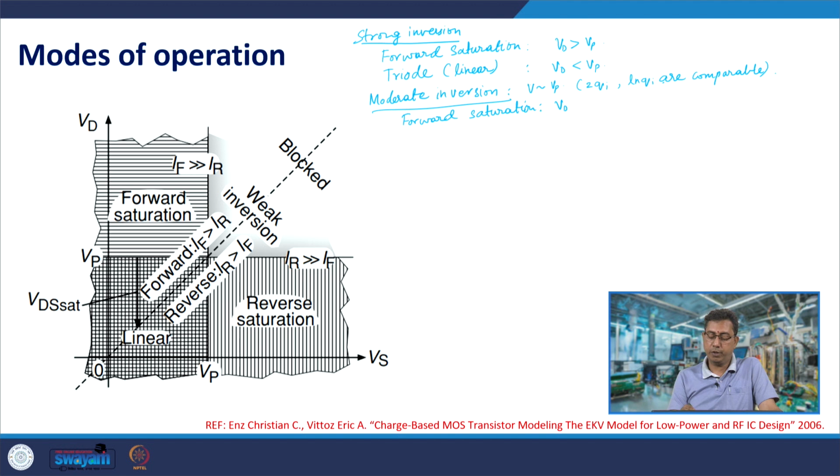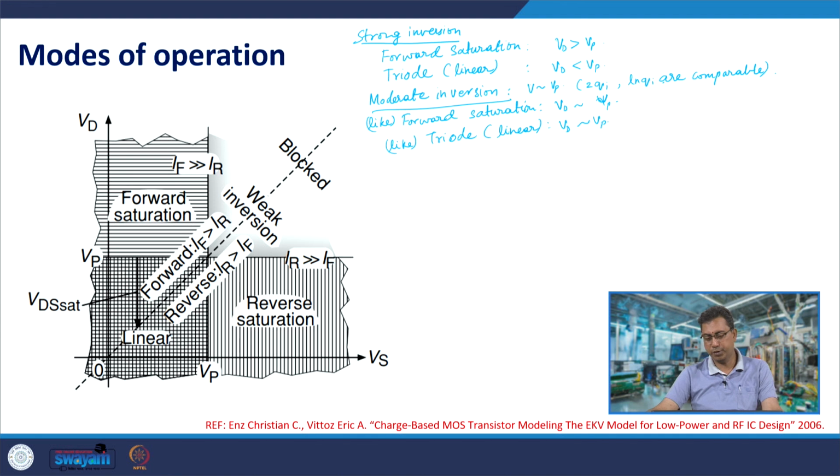Now, in forward saturation you would say that the drain voltage Vd is close to chi p, the pinch off potential, and in the triode, if we want to call it triode or linear regime, though it is strictly not. So, here it is a forward saturation like and a triode like. There you would find that the drain voltage is again close to V p, the pinch off potential.